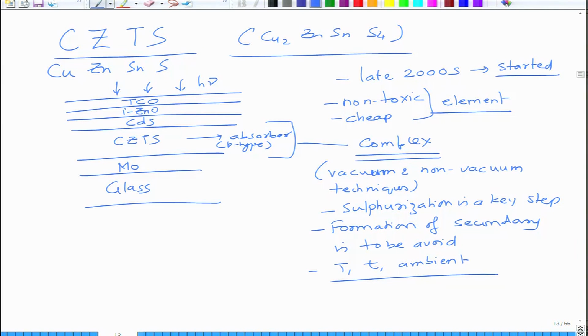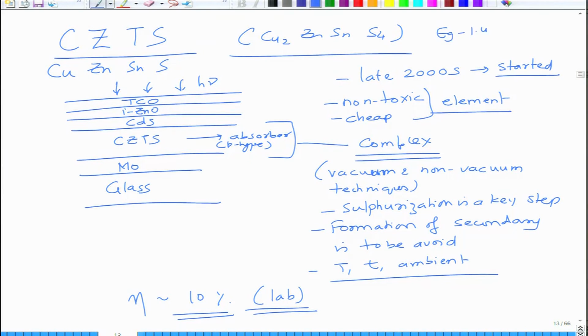So fabrication is a tricky thing and that is why this solar cell has not yet caught up, but it may catch up in due course of time, given that the cost is fairly low and the efficiency is about 10% as of now. Roughly 10% has been achieved at the lab scale, and this technology is supposed to remain exciting for some time.